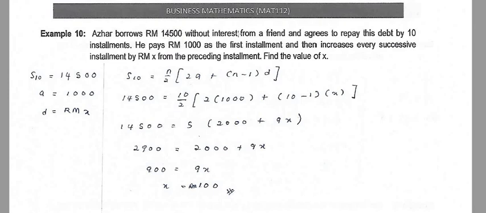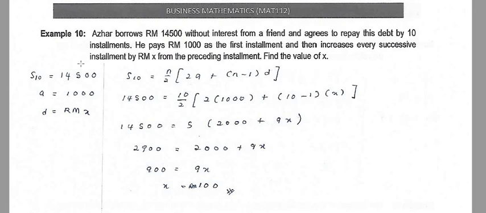Finally, example 10. Azhar borrows RM14,500 without interest from a friend and agrees to repay this debt by 10 installments. He pays RM1,000 as the first installment and then increases every successive installment by RMX from the preceding installment.